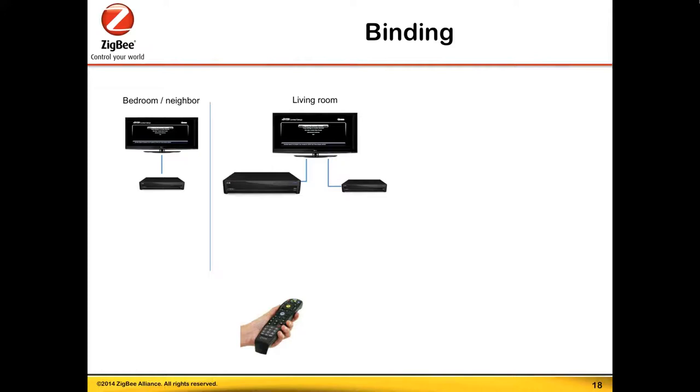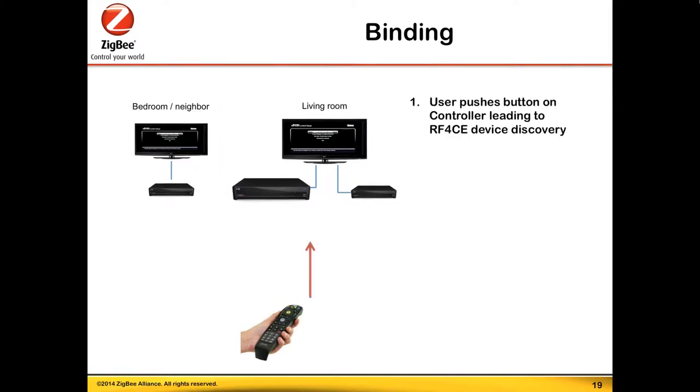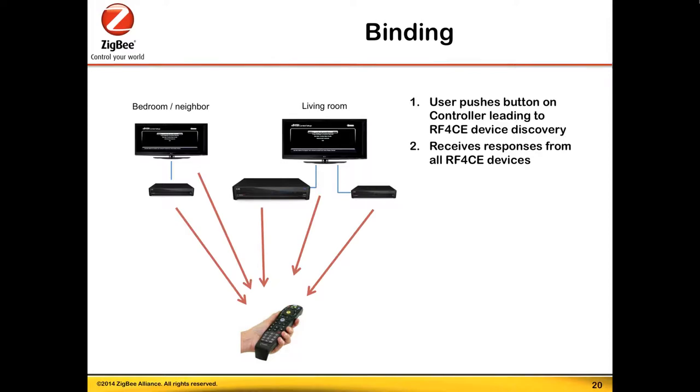The user presses the button here, and that causes what we call the device discovery feature of RF4CE, where the controller sends out a discovery packet, and in response it receives discovery responses from all the devices in the neighborhood, which can be devices in the consumer's home, but also devices in the neighbor's home.